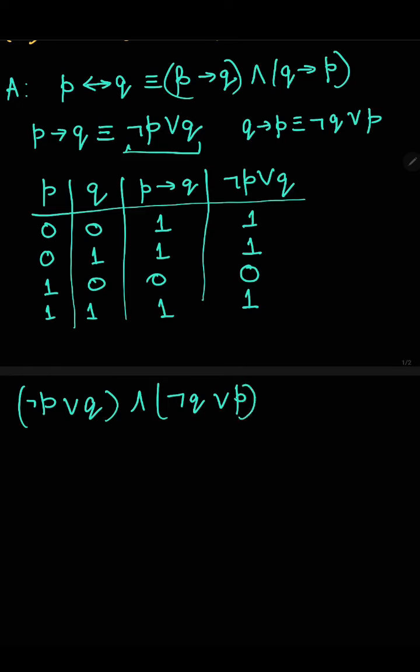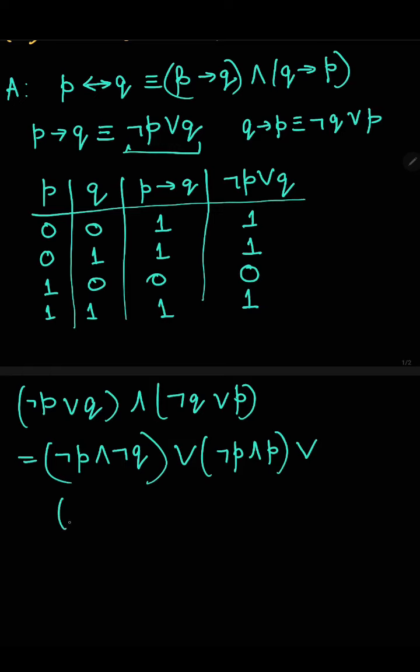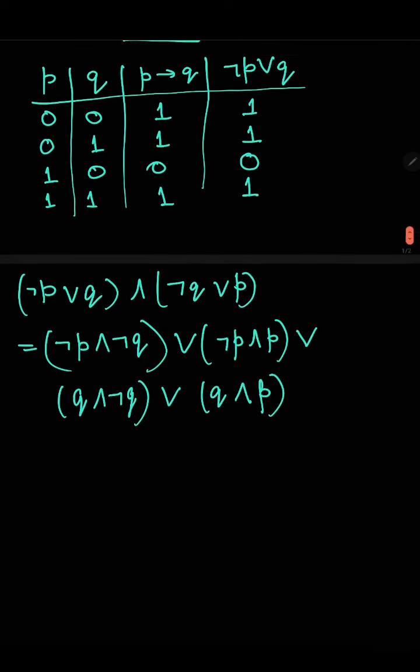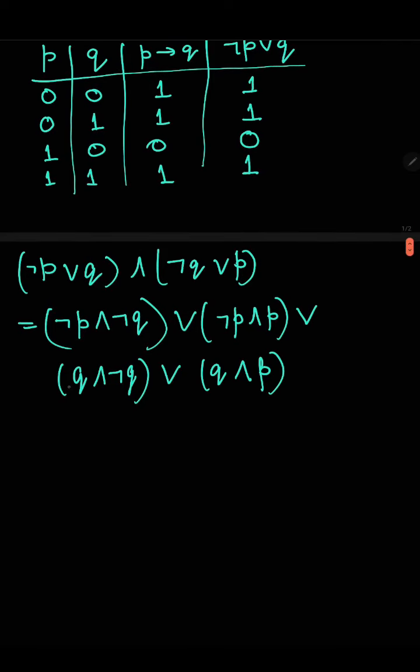Now we apply distributive law and open up this expression. So you will get not P and not Q, or not P and P, or Q and not Q, or Q and P. Now not P and P and Q and not Q, these are all false or 0.